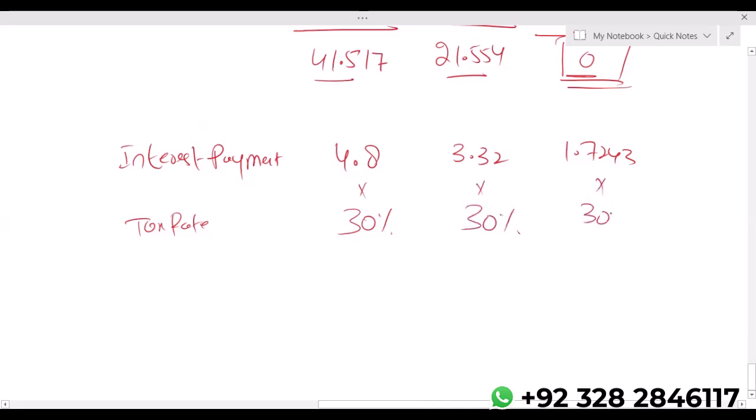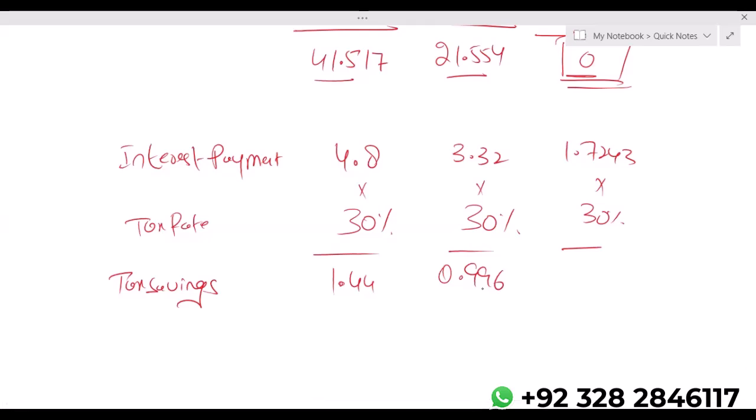Here comes your tax savings. 4.8 into 30% is 1.44. 3.32 into 30% is 0.996. 1.7243 into 0.3 is 0.51729.